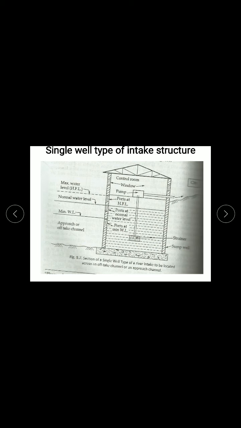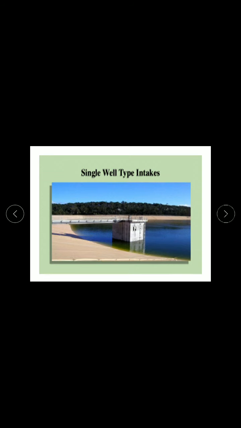Depending on the water level, the port is opened, and a gate is there to control the water entering. There is a strainer, the same concept, to avoid any fish or particles that escaped, and the water is sent into the water treatment unit. That is the single well type of intake structure.